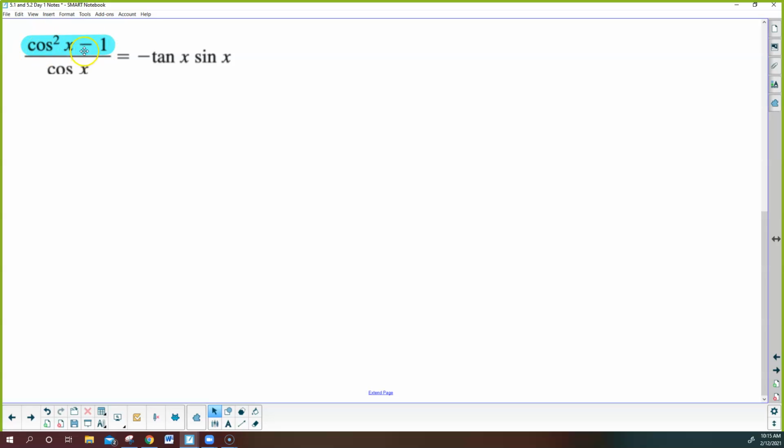Well, notice what I have right here. I've got a cosine squared and I've got a minus 1. That's kind of interesting because what I know is that cosine squared plus sine squared is equal to 1. But if I subtract the cosine over, okay, we showed that before.